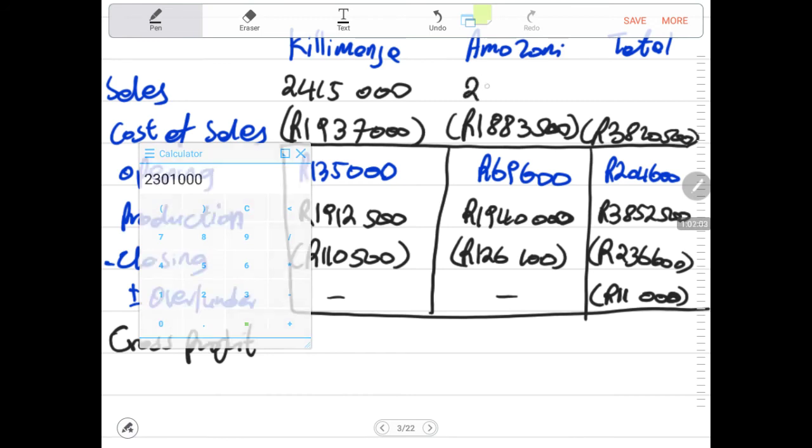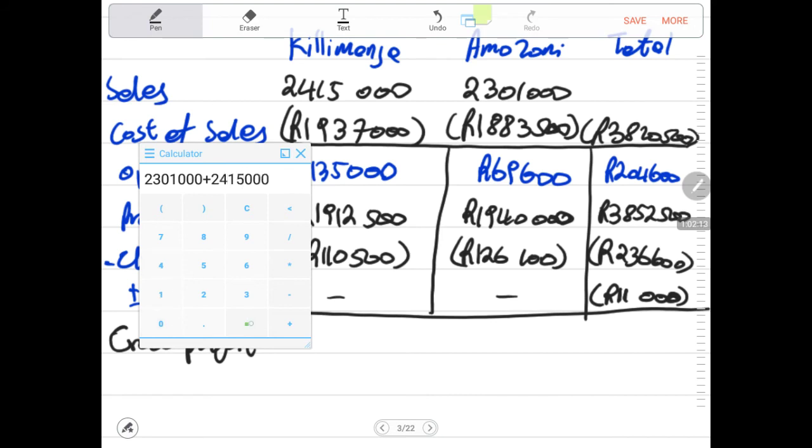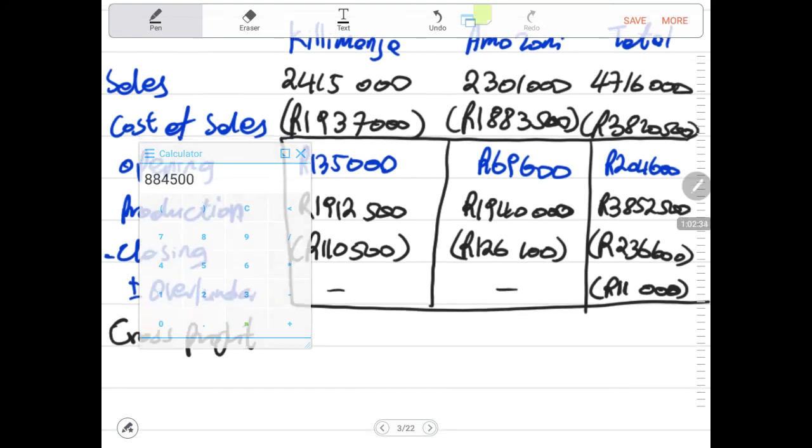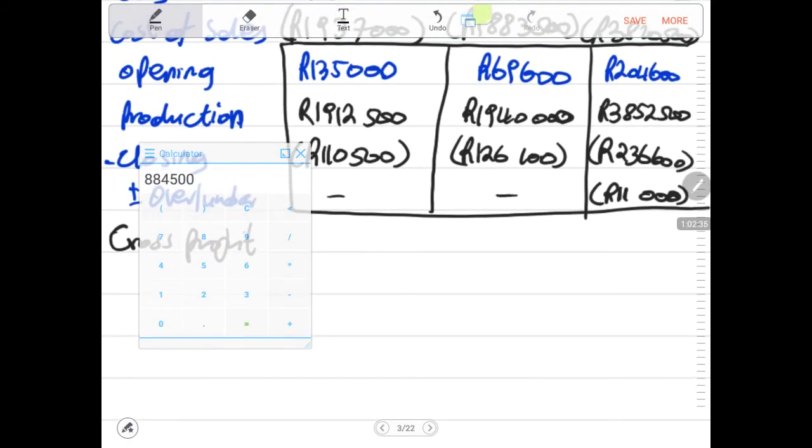We get 2,301,000 plus 2,415,000. We get 4,716,000. 4,716,000 rands minus 3,820,500, minus the 11,000 of under applied overheads.